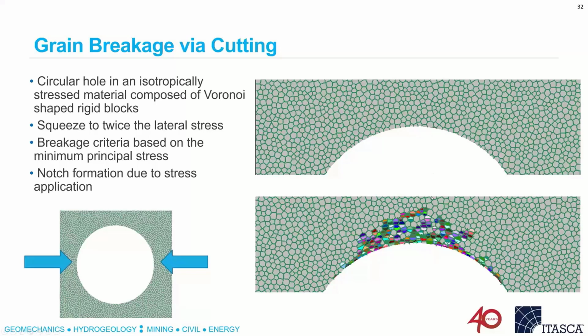And in the bottom, these are cut rigid blocks that are just responding to the change in stress, right? So they're just using this minimum principal stress criteria for breakage. And you can clearly see a notch forming in this broken material above the circular hole, right? And so these sorts of simulations could be done for bonded materials like this, or also for granular materials.